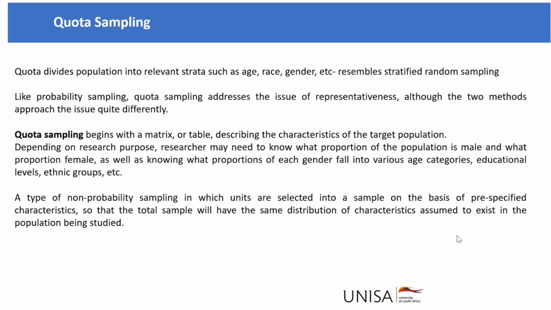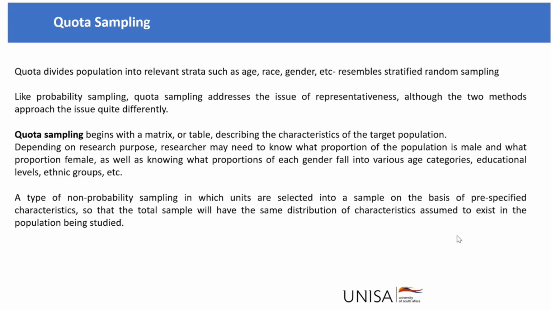You are trying to improve the representativeness of the sample of the population, because then when you look at the rugby team and you see black, colored, Indian, and white, it looks more like a South African team, just as a start. So quota sampling was really about affirmative action and these other interventions, to increase representativeness.